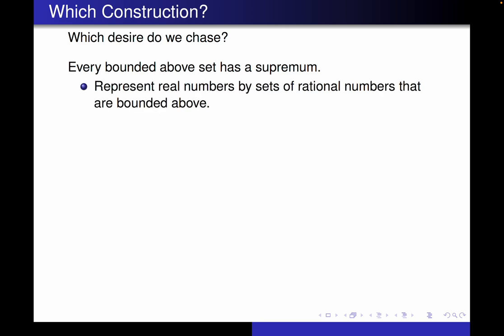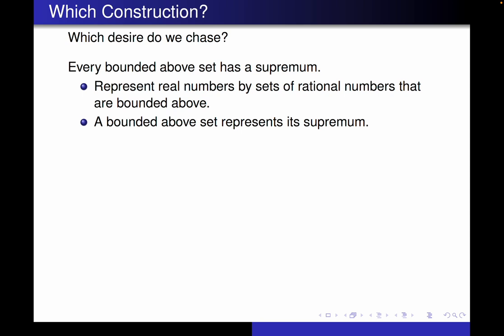Okay, that's fine. Well, then one way of doing that is to represent real numbers by sets of rational numbers that are bounded above. So again, our real numbers are literally sets of rational numbers. And the only thing we're demanding of those sets is they have an upper bound somewhere.